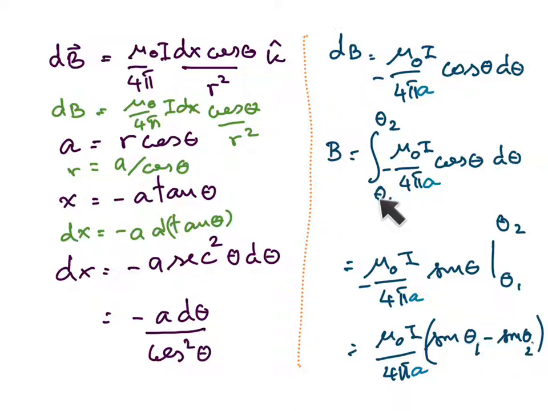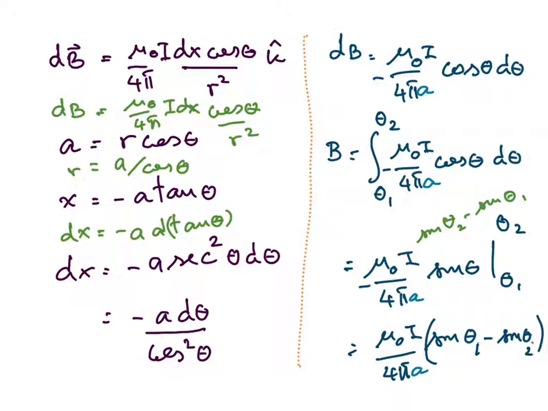And since we do the definite integral, we have to put the limit of integral here, which means that sin theta from theta 1 to theta 2 is equal to sin theta 2 minus sin theta 1.